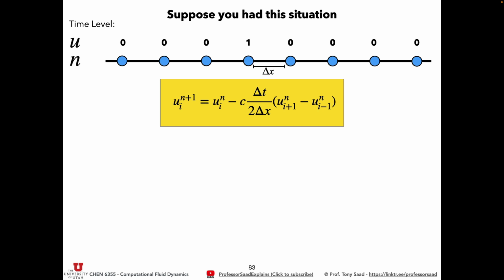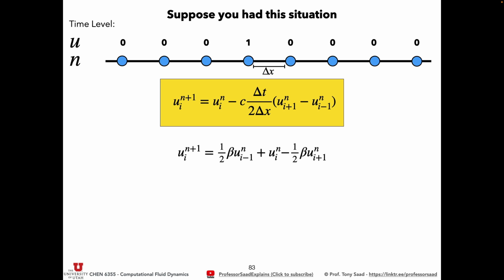Okay, so let's see what happens in a single time step according to this formula. If you were to call C delta t over delta x beta, and you rearrange things a little bit, you combine ui, so you have 1 times ui, and then a half ui minus 1, and a minus half ui plus 1 times beta.